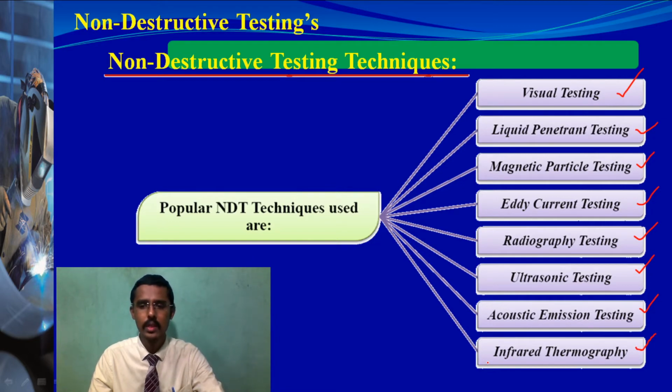The last one is very important. Here we are going to measure changes in temperature. So this all belongs to non-destructive testing techniques. We have already covered each of these methods, and at last, the last one is infrared thermography.